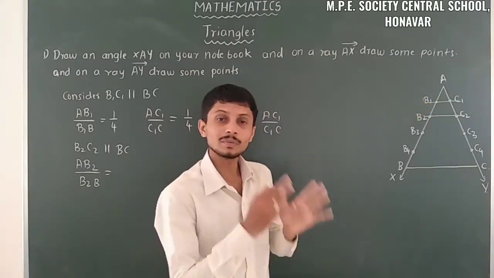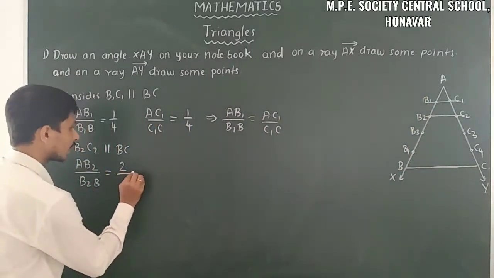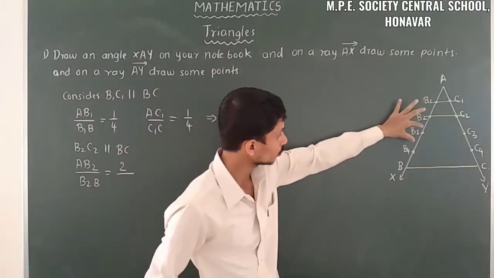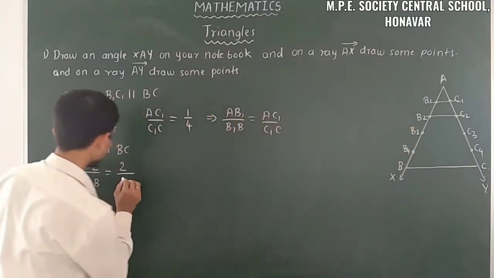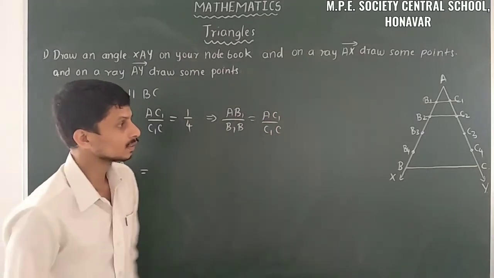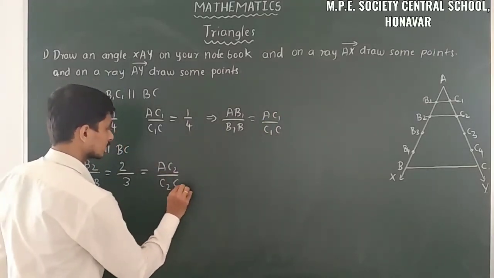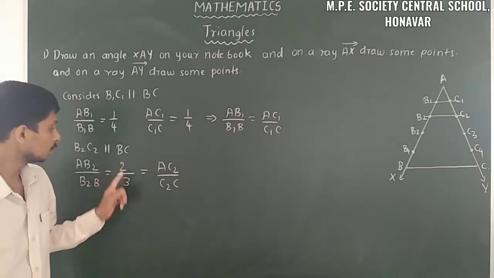When we combine those two, we have 2 unit distances, that is equal to 2 divided by 1, 2, 3, so that is 2 by 3. Similarly, we have AC2 by C2C, and there also we have 2 by 3.